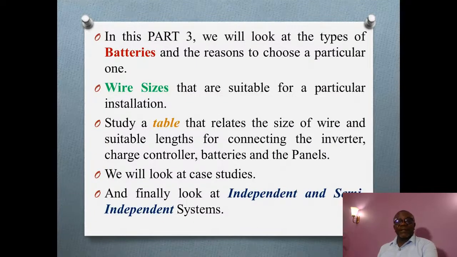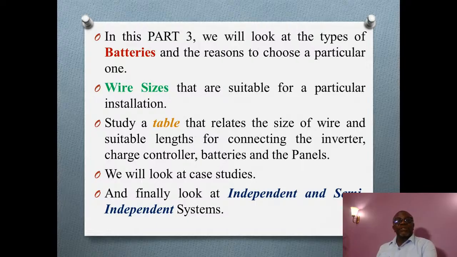In this part 3, we will look at the types of batteries that support solar energy system and the reasons for you to choose a particular one for what you want to do. We will also look at the wire sizes. In some cases, we call it the cable sizes that are suitable for a particular installation.